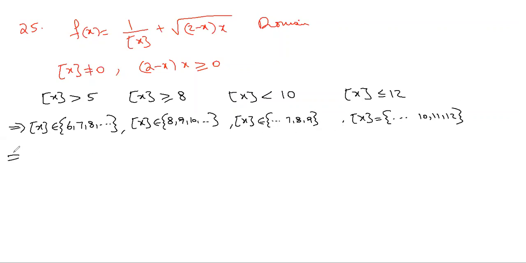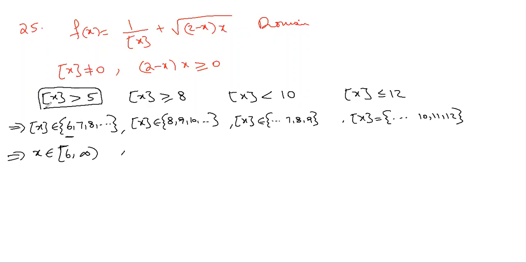Now for the integral part of x to belong to this interval, x belongs to what? Whenever we have a starting point, start with that point with closed interval. Whenever we have integers starting with one number, then start with the same number. So don't look at the original condition.